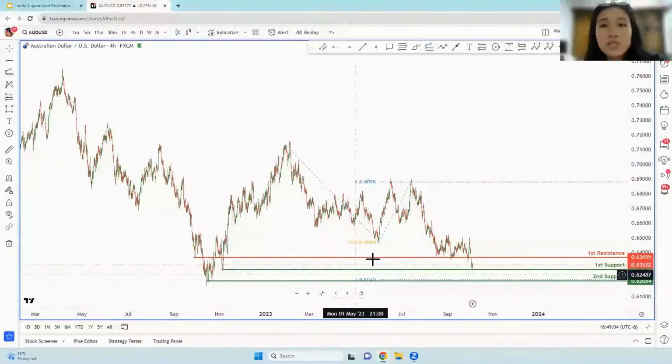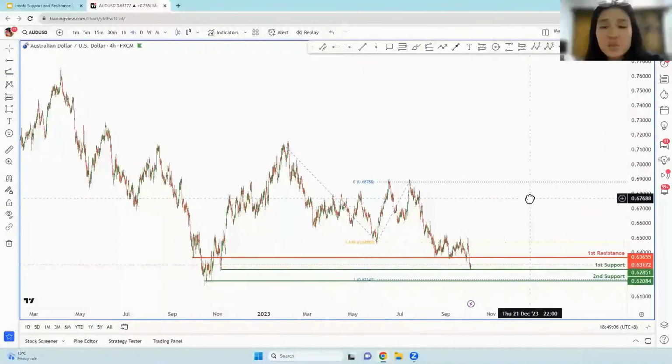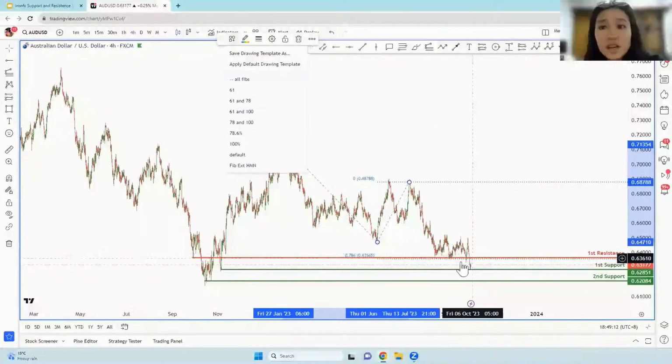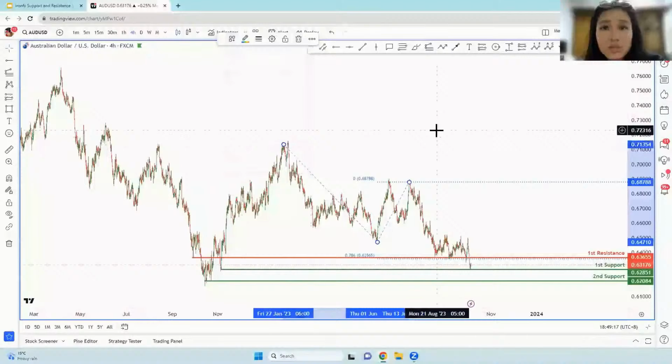My 100% level lines up with my second support. Let me see if my 78 lines up. Okay, it lines up, but it's no longer valid because price has already broken out of it. So just my 100%.